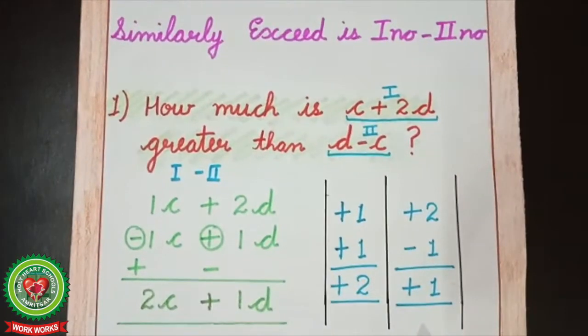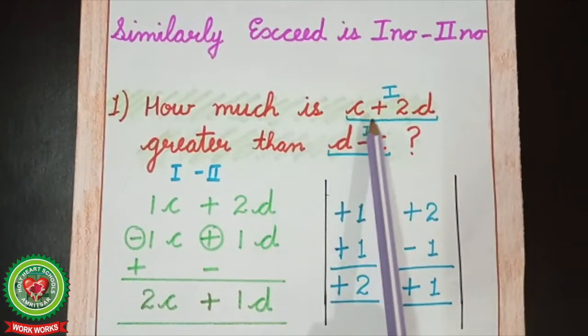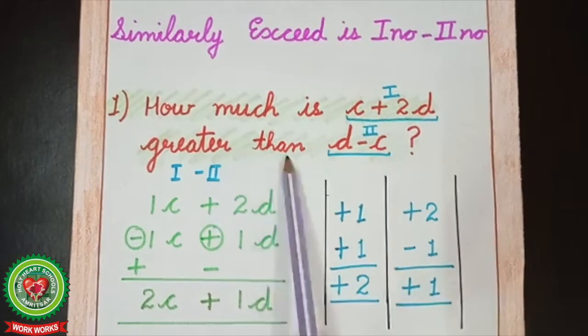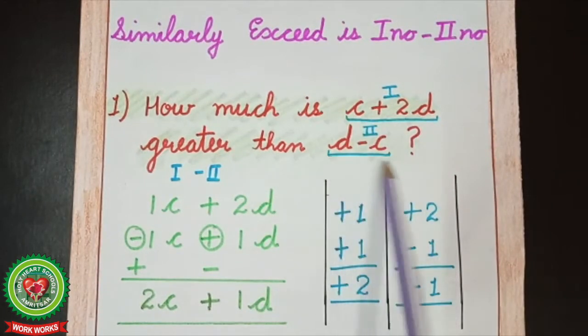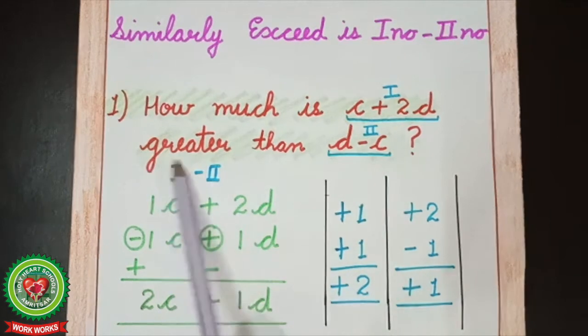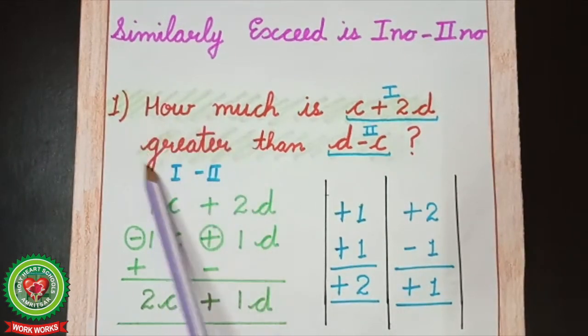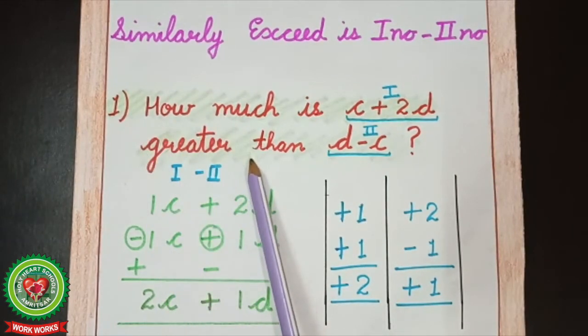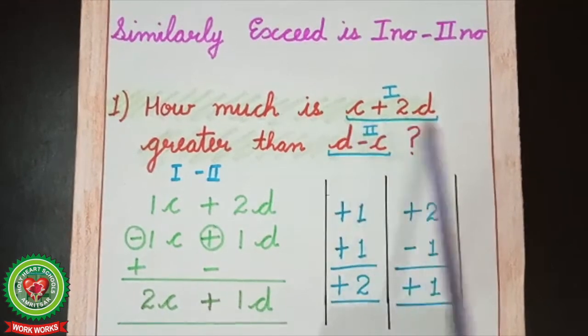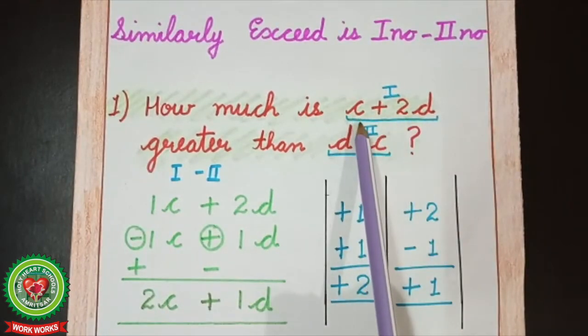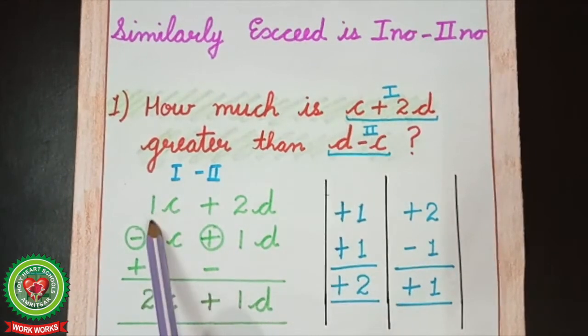So here is the first question. How much is c plus 2d greater than d minus c? This one is the first expression and this one is the second expression, because we are doing the sum in which they have asked us which one is greater. So we will use the same pattern, that is first minus second. The first expression we will write here, c plus 2d, and you can see with c no number is there, so you will put 1.